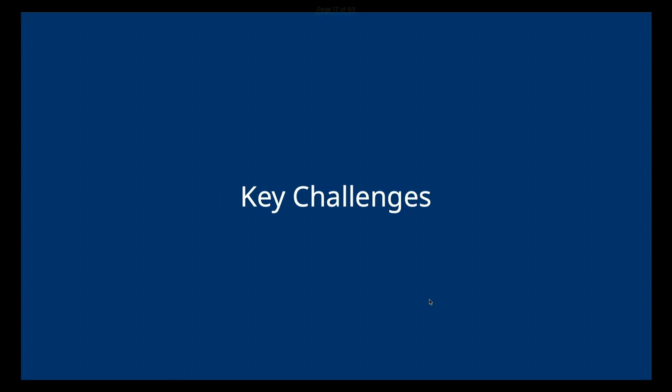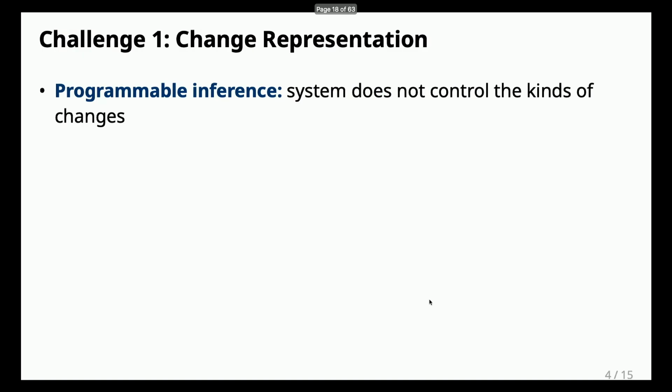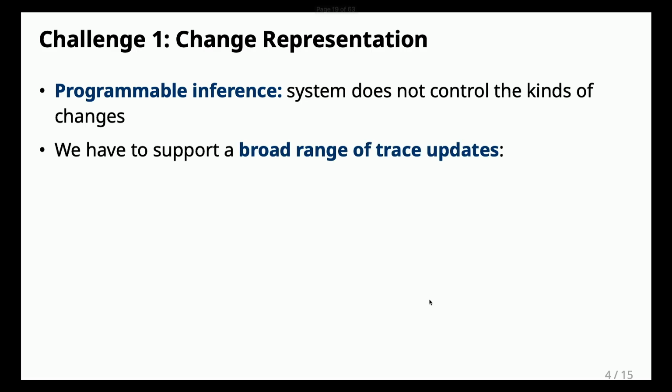There's a couple of challenges with doing this that existing systems have encountered. The first thing is, how do we actually represent changes? Here we're in a setting where the user can write an inference program. So the user can basically decide what changes are proposed, and the system does not control this. Also, we want to support a broad range of possible trace updates.